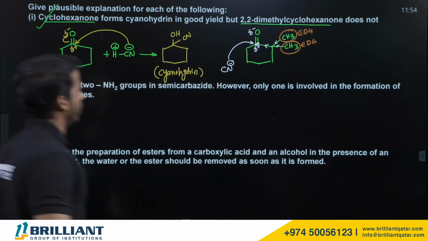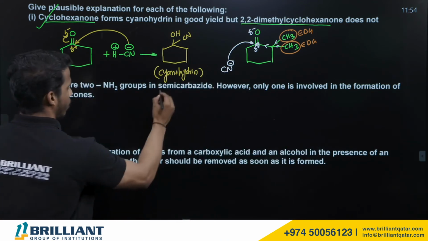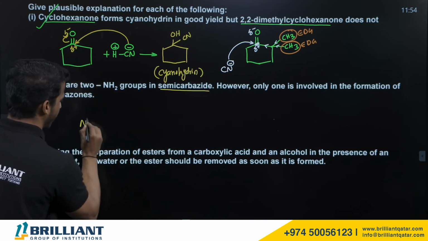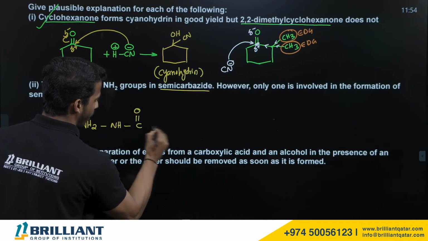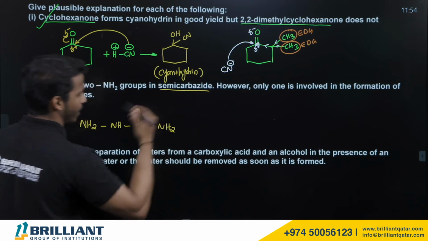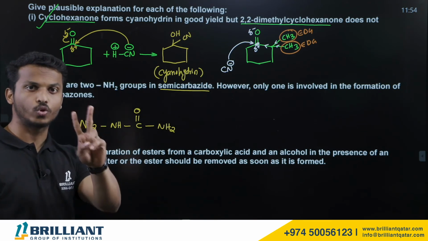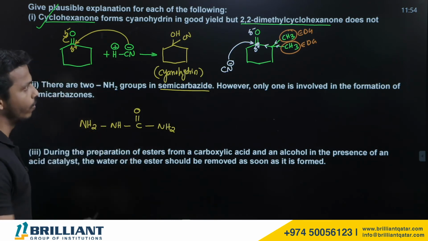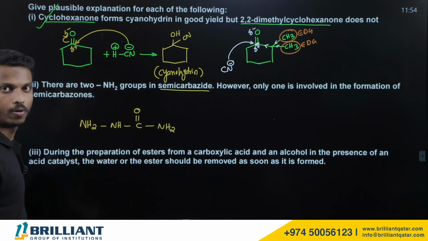Let me complete the point here. There are 2 NH2 groups in semicarbazide. Do you remember, dear student, what semicarbazide is? NH2, NH, CO, NH2. This is our semicarbazide. Yes, there are 2 NH2 groups in semicarbazide. However, only one is involved in the formation of semicarbazone.